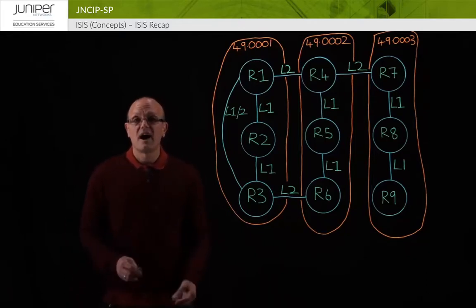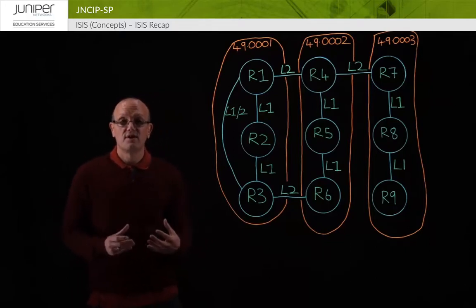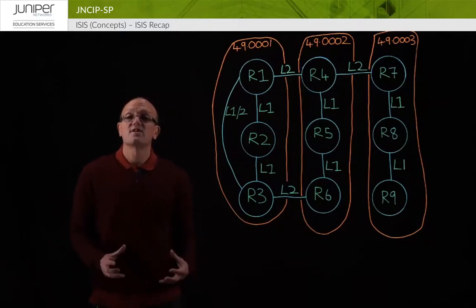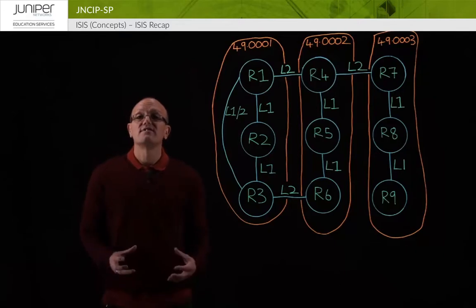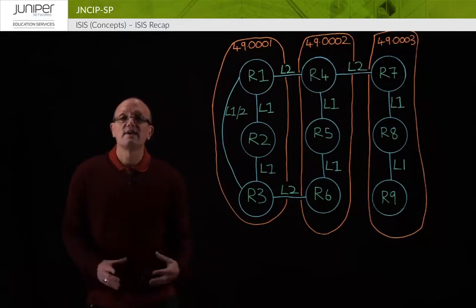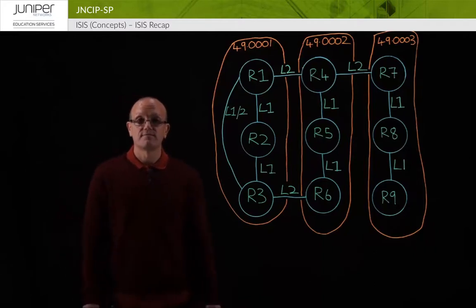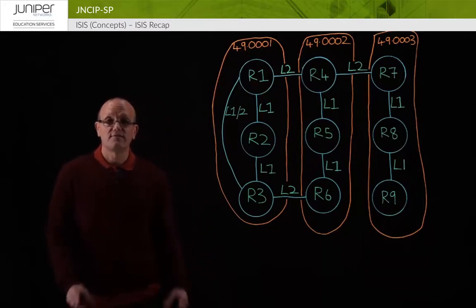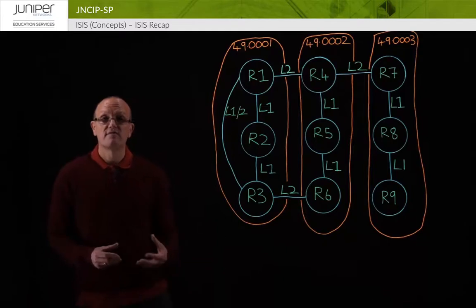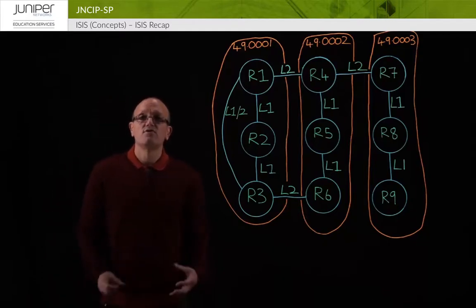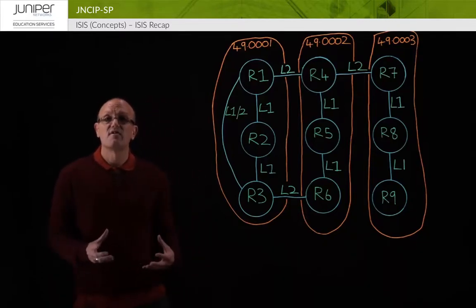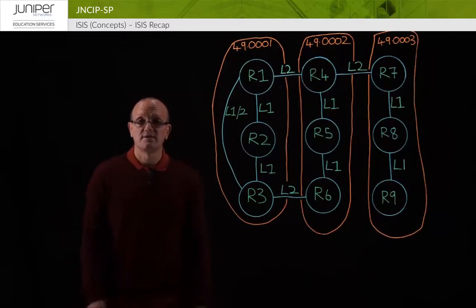Also remember that ISIS was originally developed to support a different layer 3 protocol called CLNS, and it was only later adapted to support IP routing. It was also later adapted to carry information relating to traffic engineering, so we can use ISIS in an environment to support RSVP.